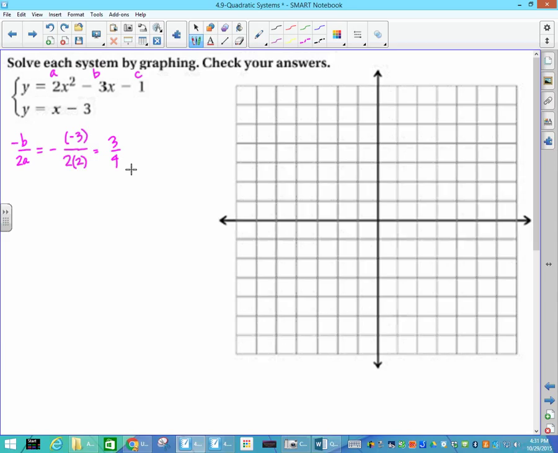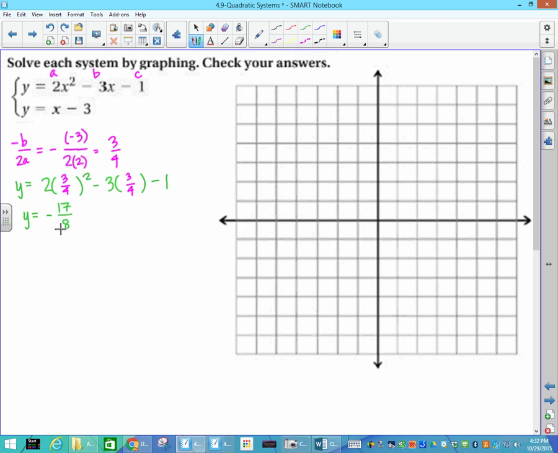And then remember to find that corresponding value, I have to plug it in. So y equals 2 times something squared minus 3 times something minus 1. And I'm going to plug in what that x value is to find the corresponding y value. So when you put that in and you simplify it, you get the number negative 17 over 8.